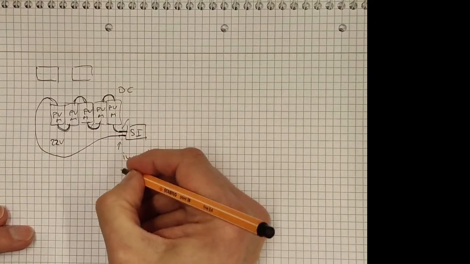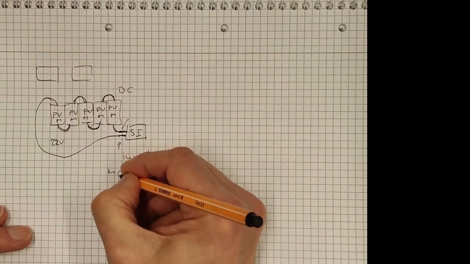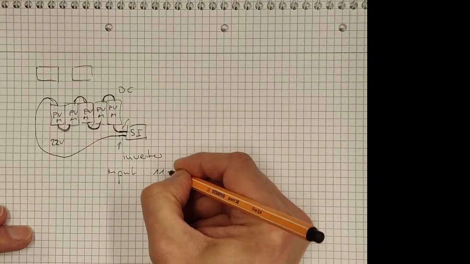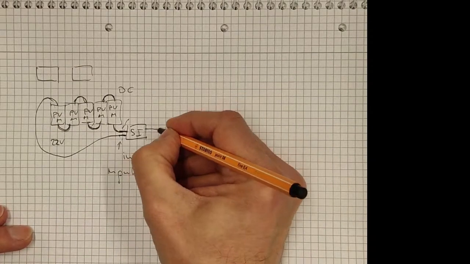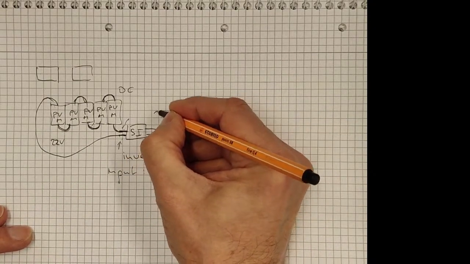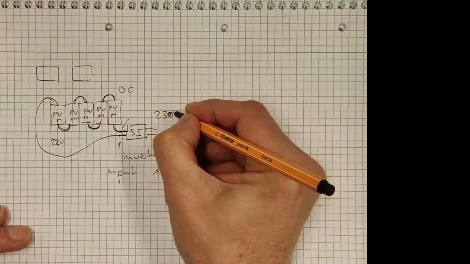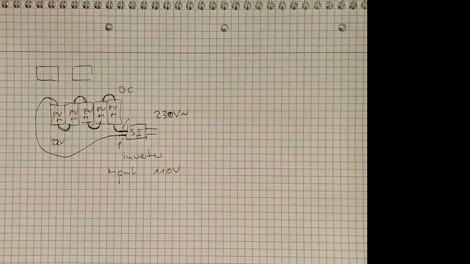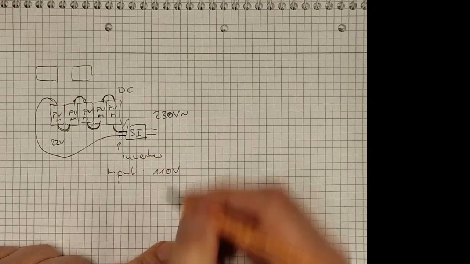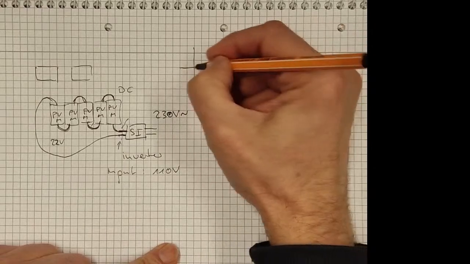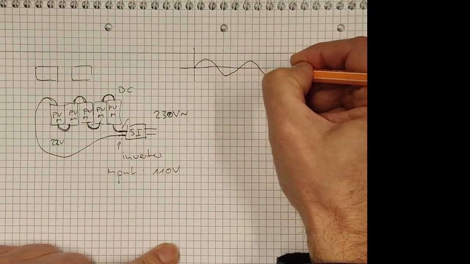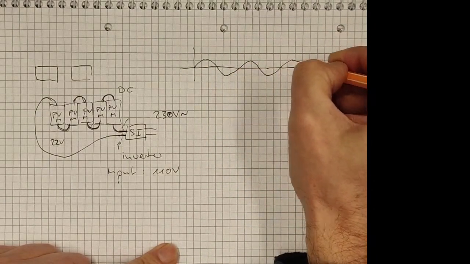110 volts, right. Inverter input, 110 volts. But what you want to have in the output is 230 volts AC. And next week we will talk about what is AC, right? So you have a voltage which is modulated like this over time, right?